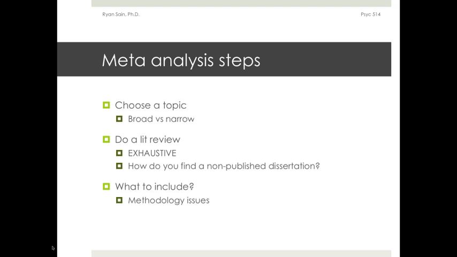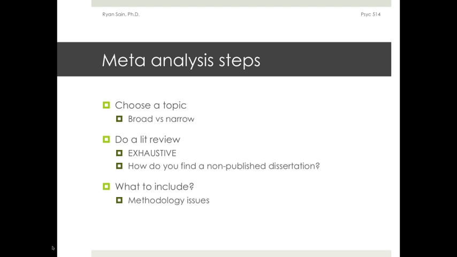And what do you include? You've got thousands of journal articles that are covering DI. Which ones do you want? You have to choose. And the authors of the meta-analysis, when you're reading them, they'll tell you what they chose, and they'll tell you their inclusion criteria, right? So their inclusion criteria may be something like it had to be experimental, no correlational stuff, or no quasi-experimental data was included in this meta-analysis.